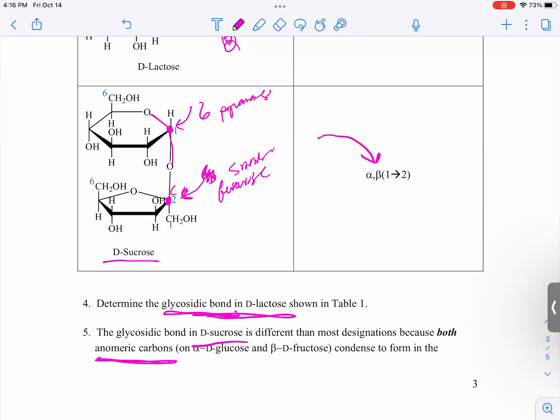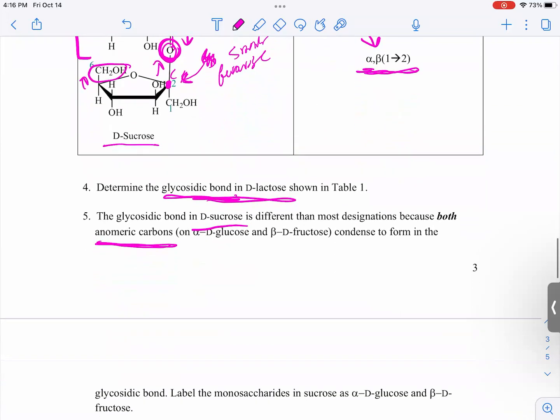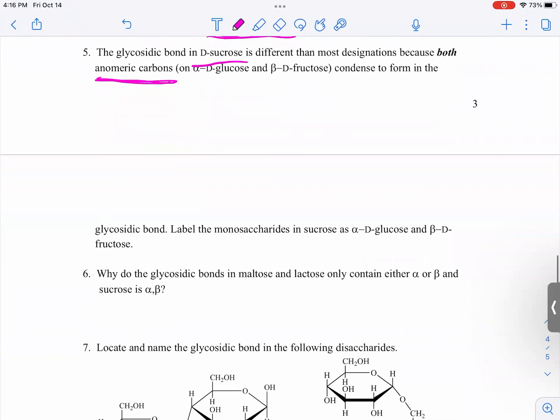So you have to look at the orientation of both of them. Well, okay, so you have down and up. All right, so that's alpha. And here you have up and up. So that's beta. And you have carbon 1 first involved and then carbon 2. So this is how you write this out. All right, alpha, beta, 1, 2.